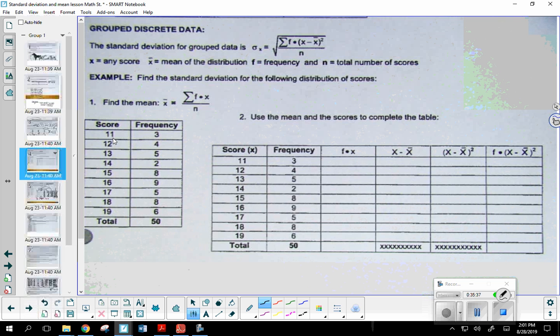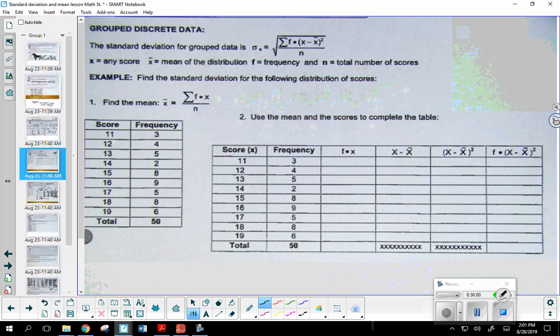There you go. So if I did want to generate the set, I could say it should be 11, 11, 11. How many 12s? 12, 12, 12, 12. And then you could go all the way through, and by the time you finish, you should have written out 50 items. Remember, that's what the frequency is telling me, the number of times that element appears in your set.